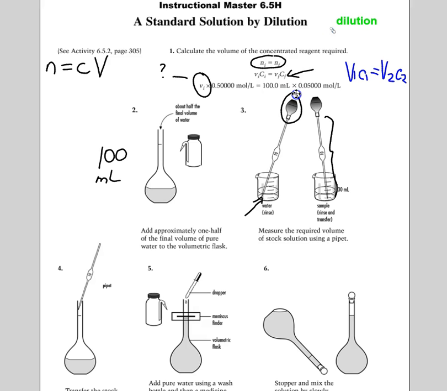If you take 0.5 moles per liter and you dilute it down to 0.05, that would be called a 10 times dilution, meaning that you're taking 1 part of initial solution and you're diluting it up to 10 parts of final solution. So you need to know your values for the initial and final concentration, know your final volume, and your initial volume would be calculated there at 10 milliliters.